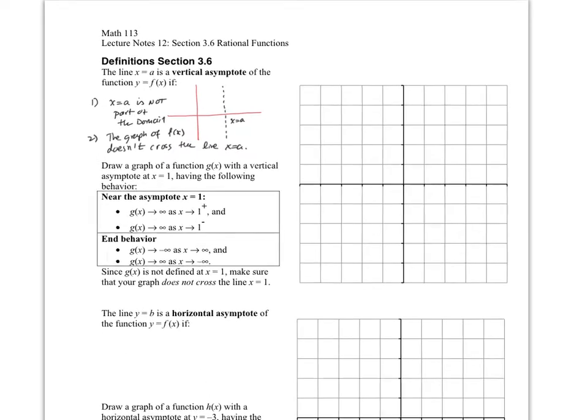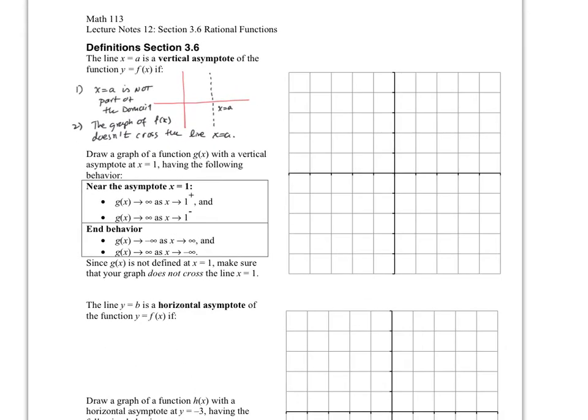All right, so now it says draw a graph of the function g of x with a vertical asymptote of x equals 1. So x equals 1 is here. The graph has to satisfy these conditions. It says that as x approaches 1 from the right side, this has to go to infinity.